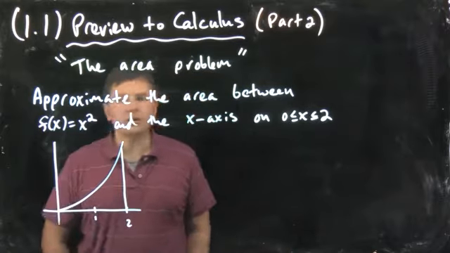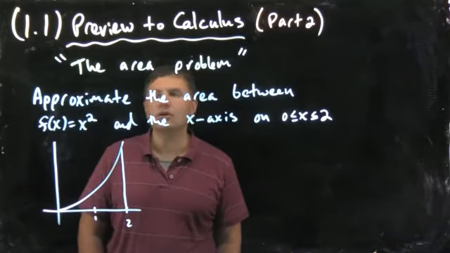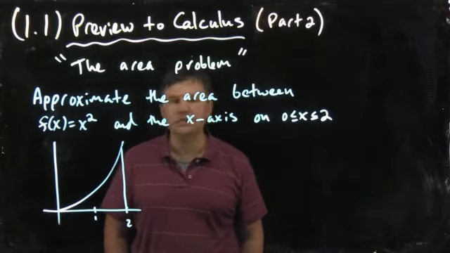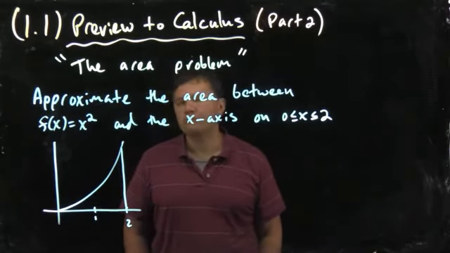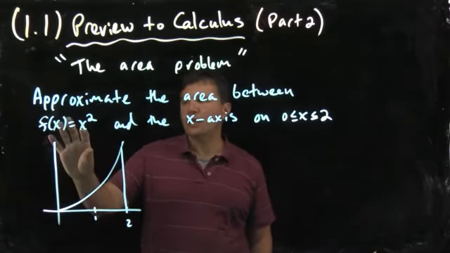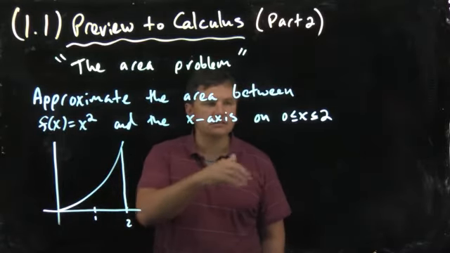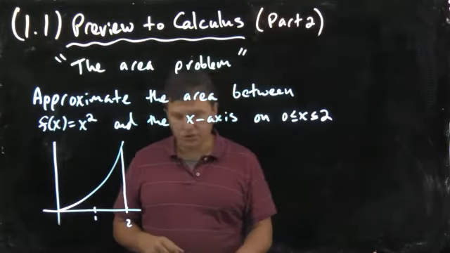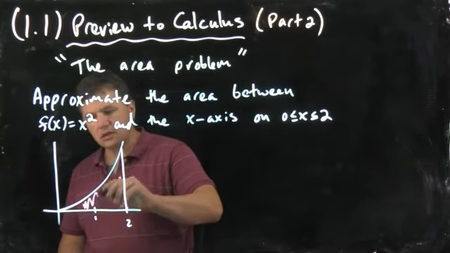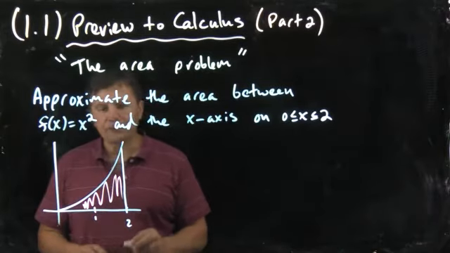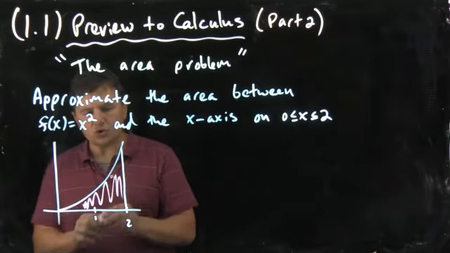I'm going to once again use x squared as our function, to make our arithmetic quite easy to deal with. So we're going to do the area between the function x squared and the x-axis, from the point 0 to 2. So all this area in here is what we're going to approximate. I don't want you doing things with circles and stuff like that.